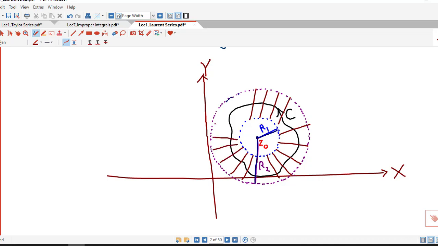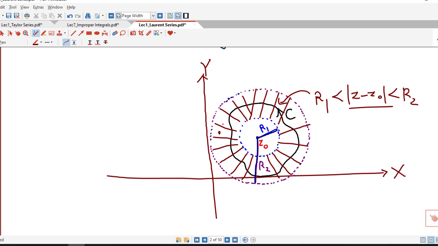So the region between these two circles, without considering the boundaries, is the annular region, and we can represent it by absolute value of z minus z0 is less than r2 and greater than r1. If we have any point z in this region, then the distance of that point from z0 will be bigger than r1 and smaller than r2.